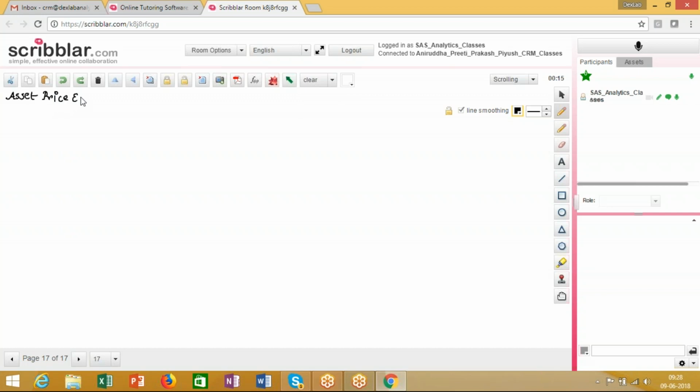The first equation that we start off with is the asset price equation. Now the question that comes up is, what exactly is this asset price equation?